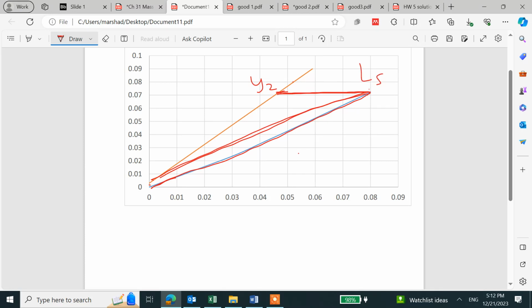That's the LS minimum. So this is the slope, LS over GS, right? Slope GS we know.